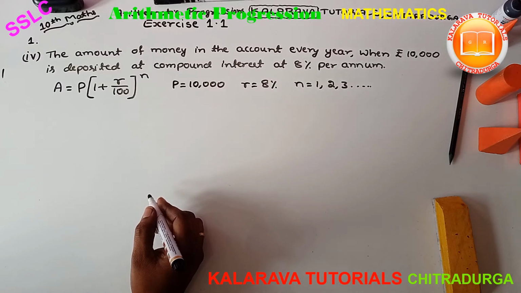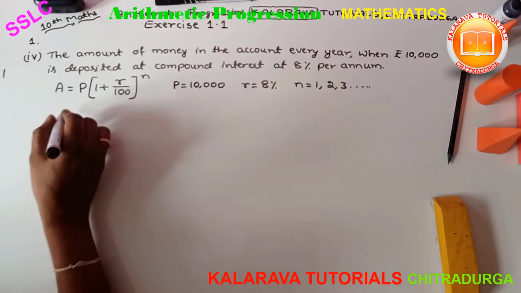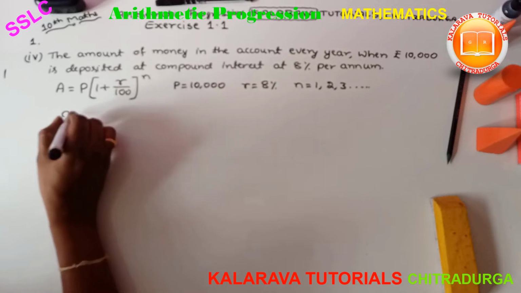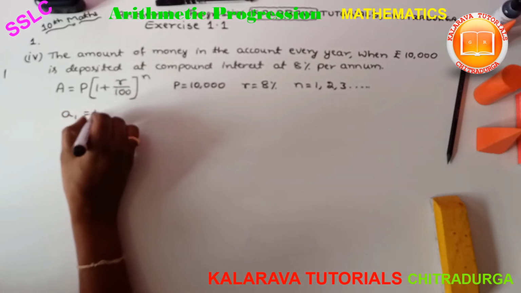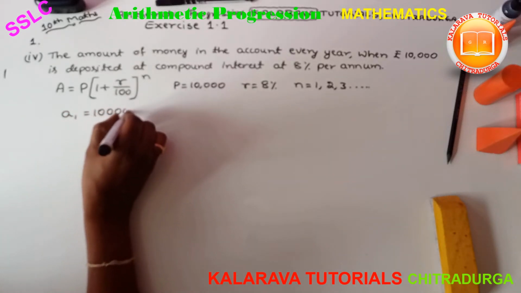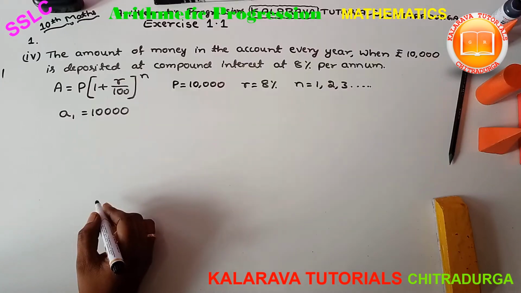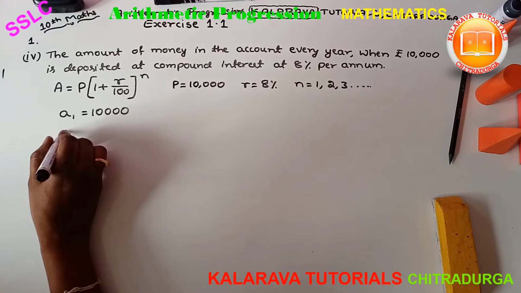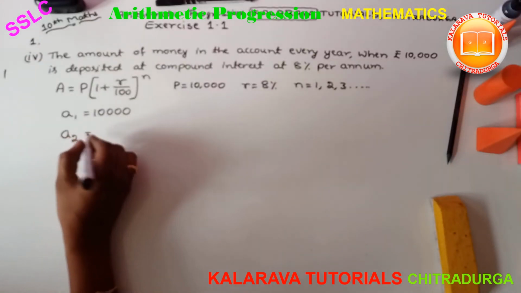Now the first term A1 is equal to 10,000, because the amount in the bank is the first term. Now we have to find the second term A2.